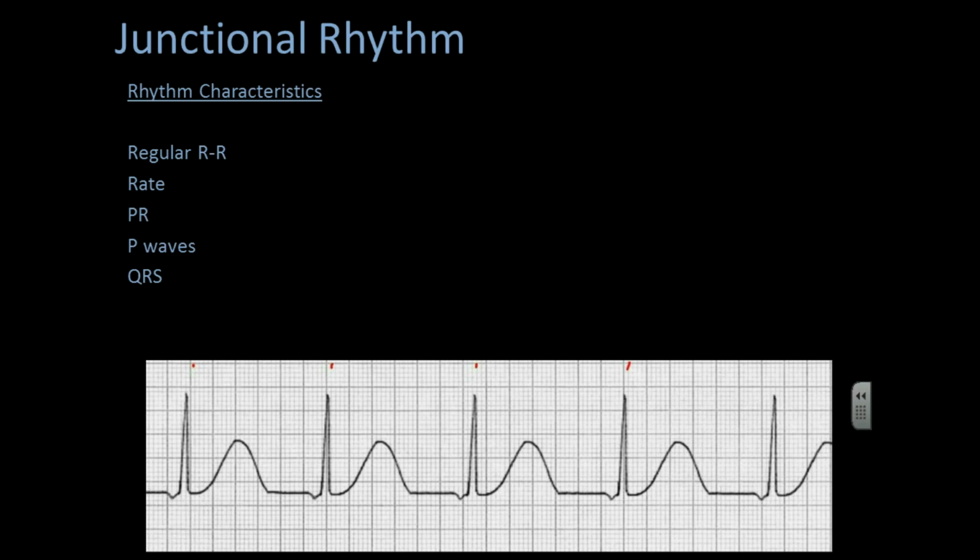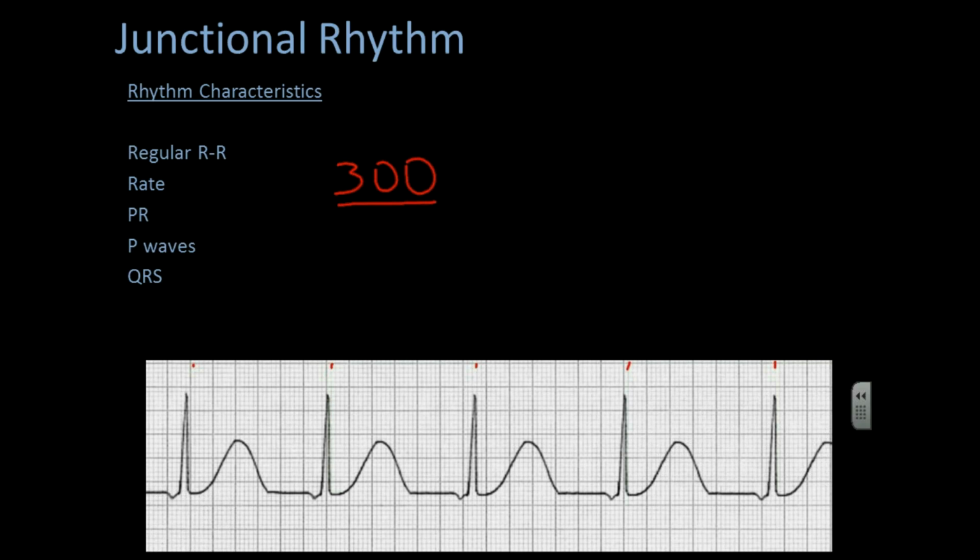Looks pretty regular to me. It's like even spacing. So what's the rate? Good question. Now, we know that for rate, we want to take the number of large boxes between R to R's, and then we want to take 300 and divide by that number.